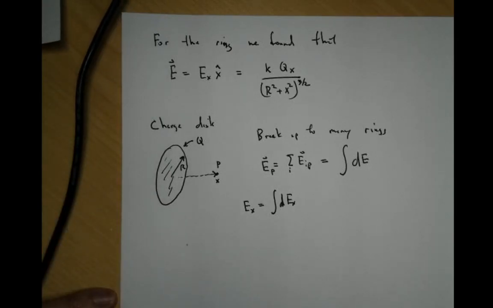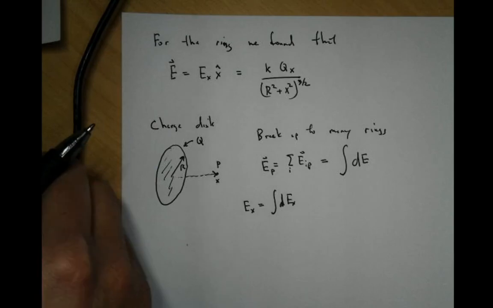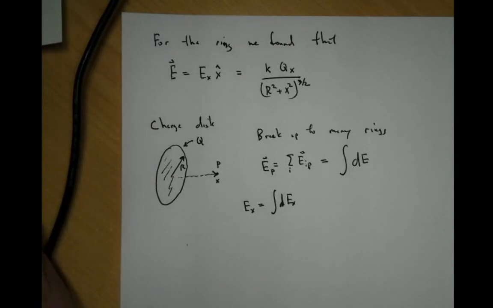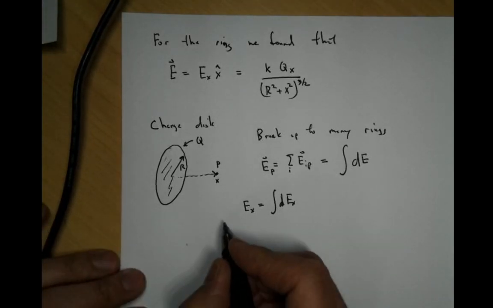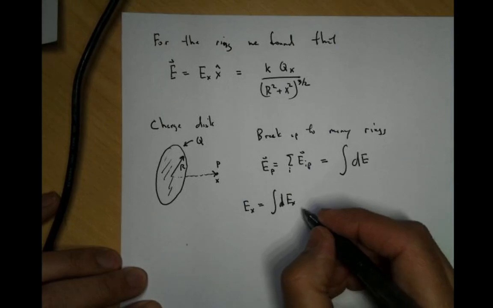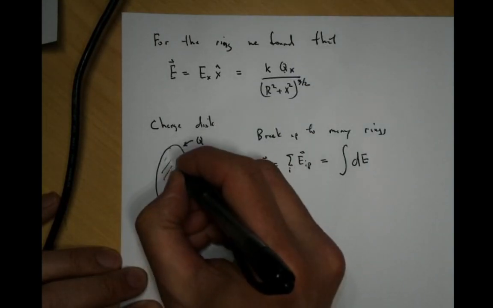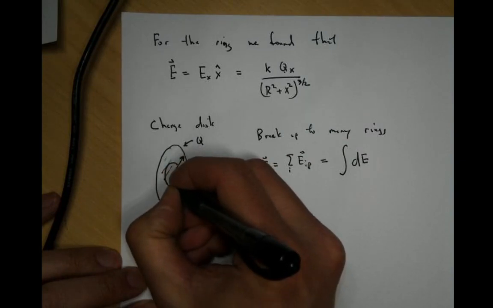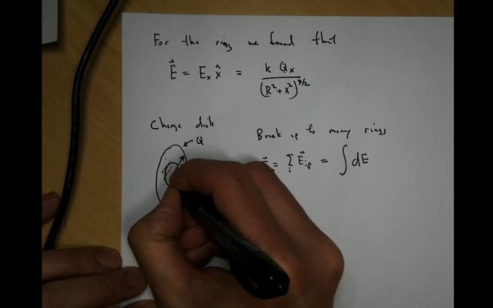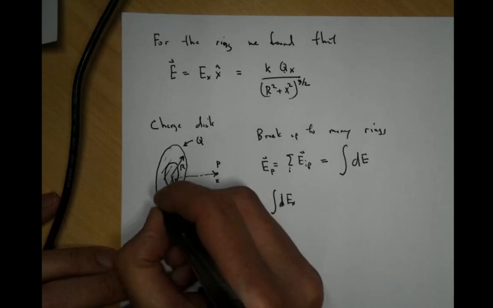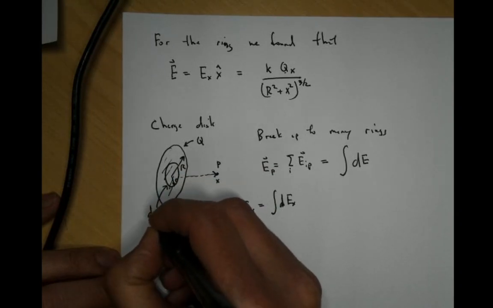the way to think about this, let me see what the best way of doing this would be, is to take this and imagine, rather than thinking of this big disk, that I have a little ring right here. The ring has a radius r and has a charge on it, dq.